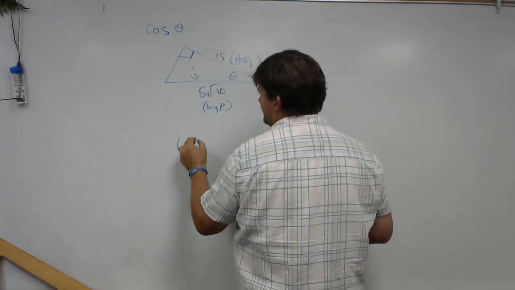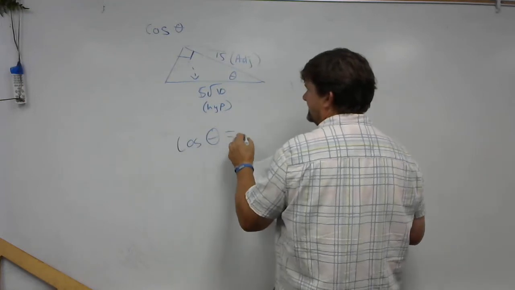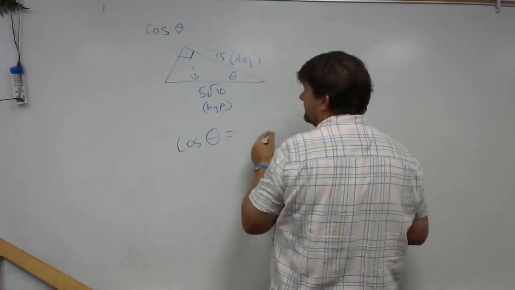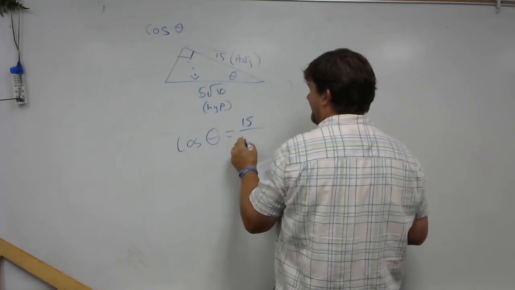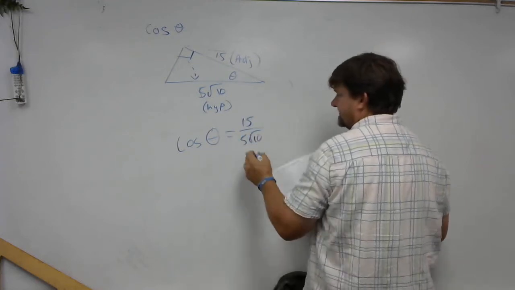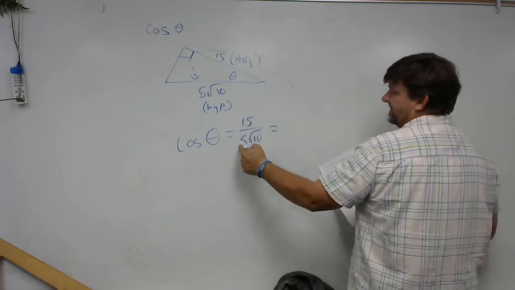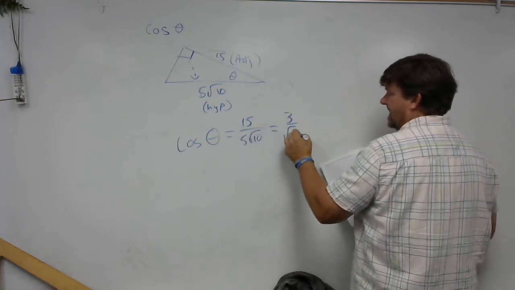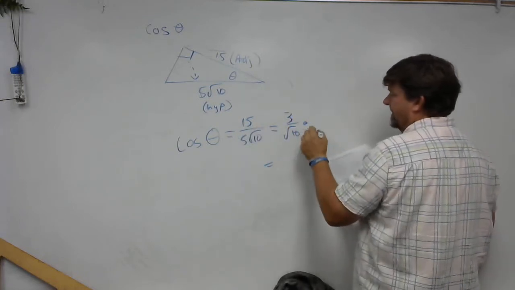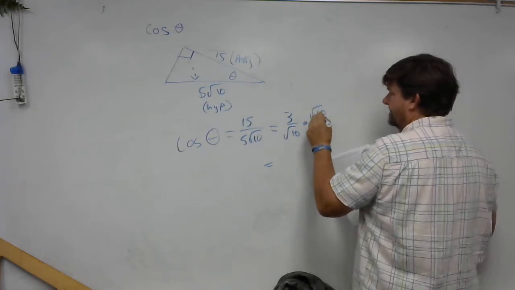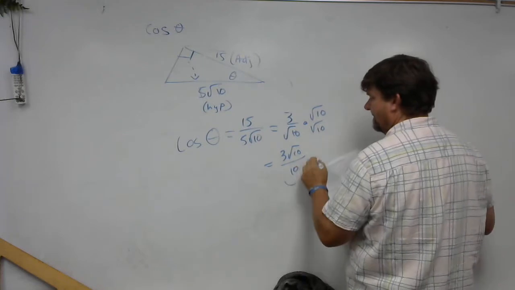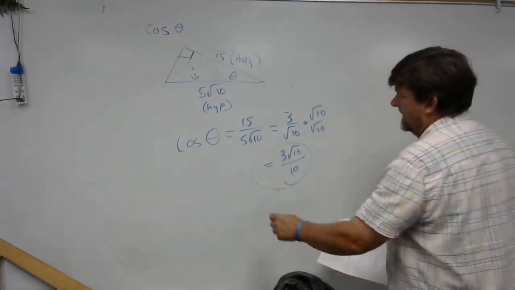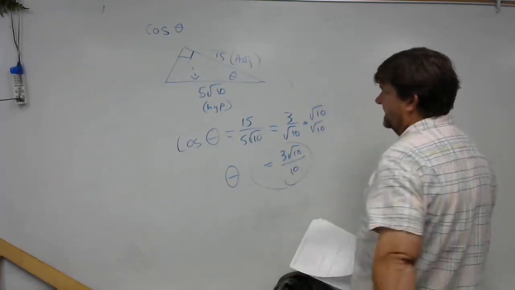It means I have the cosine of theta equal to 15 over 5 root 10. Let's clean this up. 5 into 15, 3 root 10. I can multiply by root 10 on top and bottom, and I get 3 root 10 over 10.